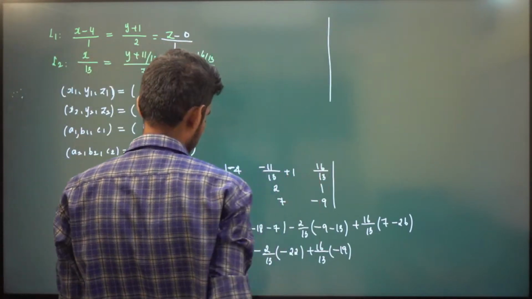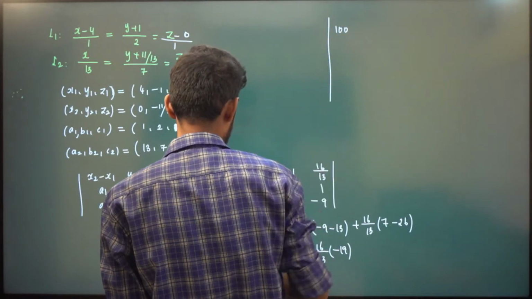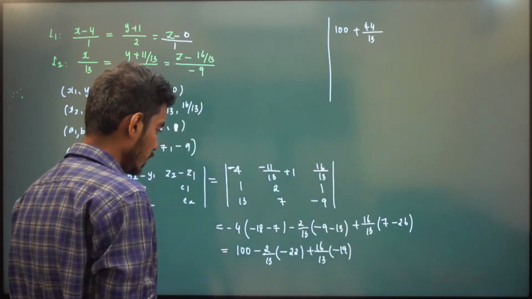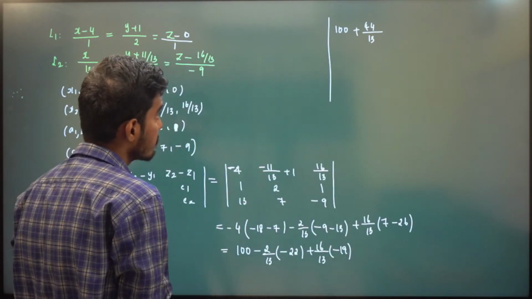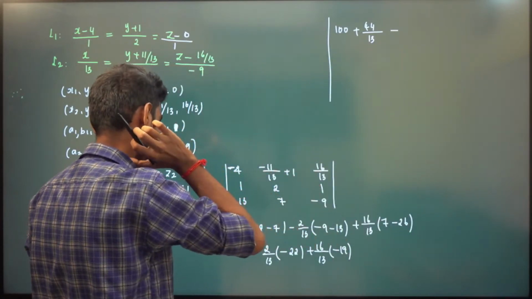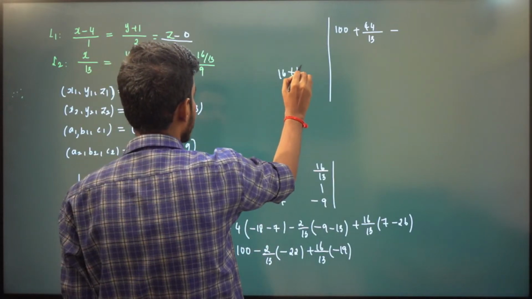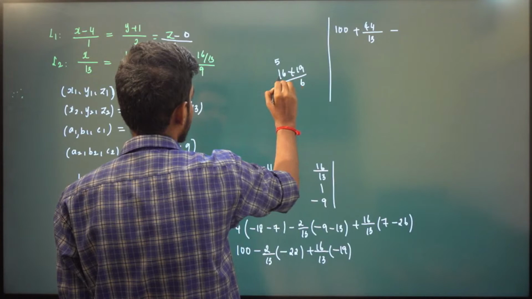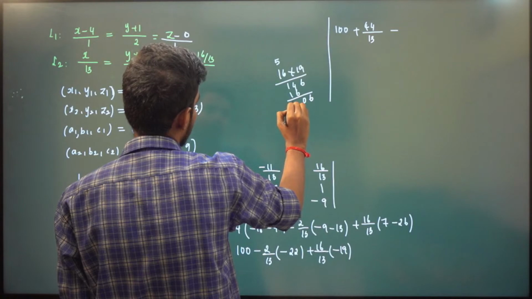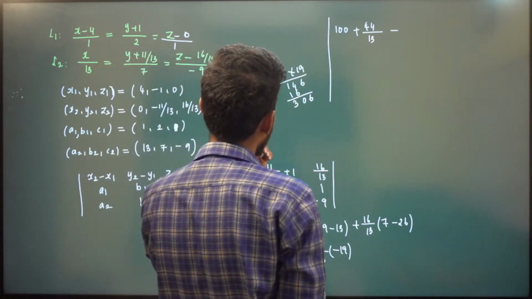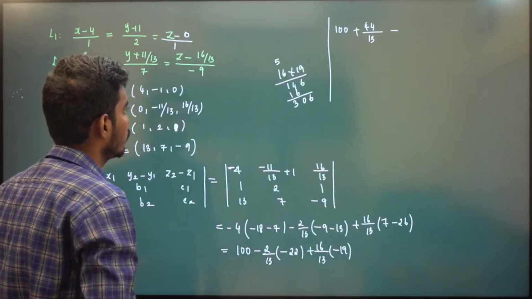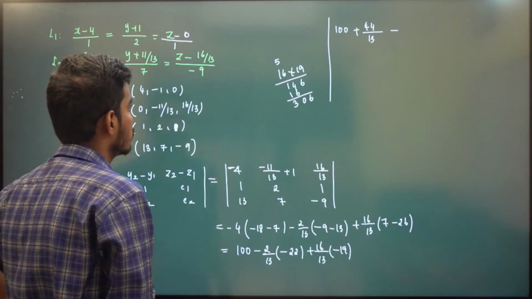So we'll have 100 plus 44 by 13 minus, what is 16 into 19?